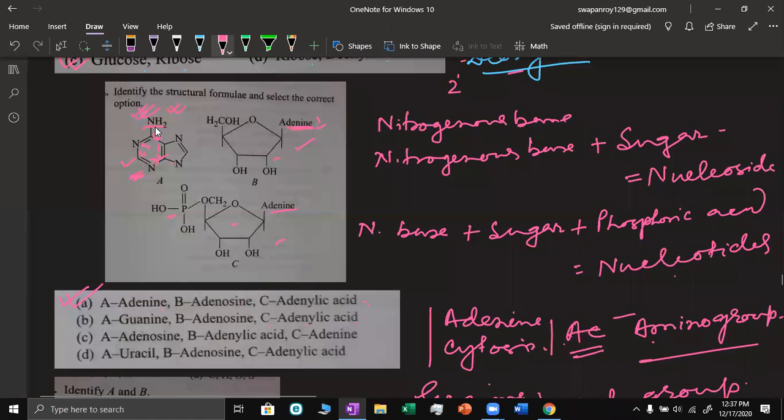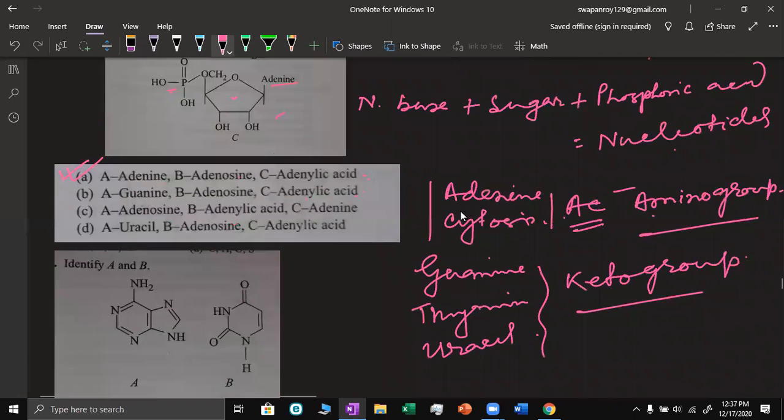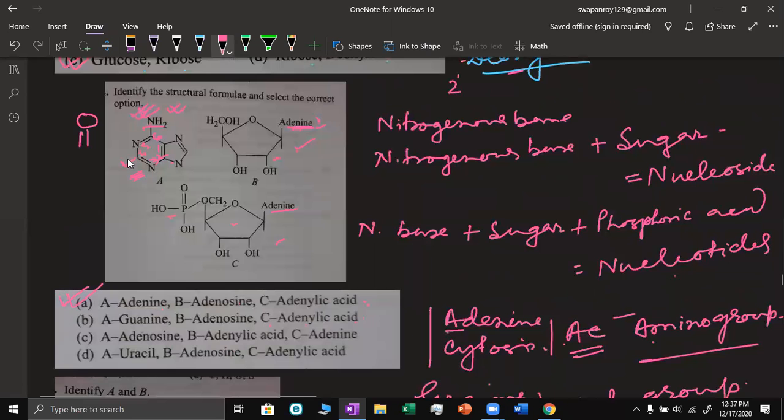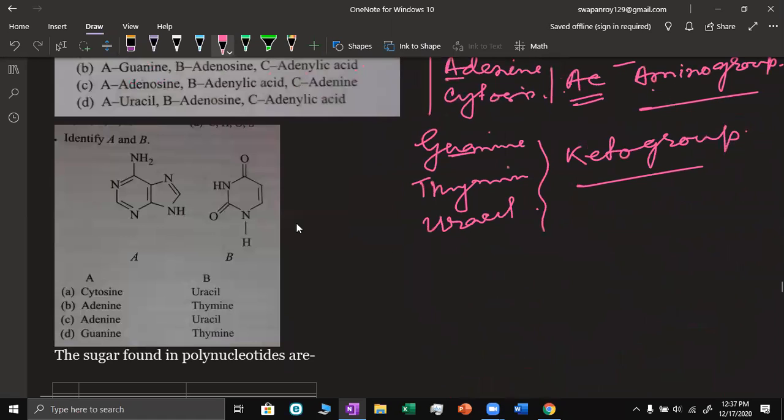Here in this position there will be a keto group in place of this amino group. And adenine and guanine are purines, so they have a side chain also. The pyrimidines don't have a side chain. This is the pyrimidine, and this one is purine.